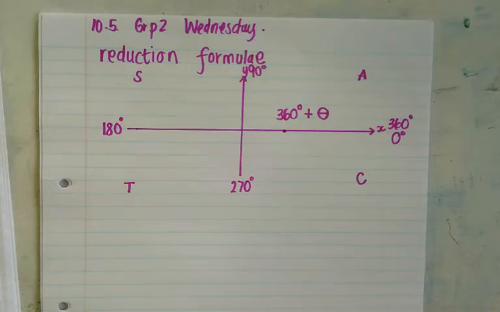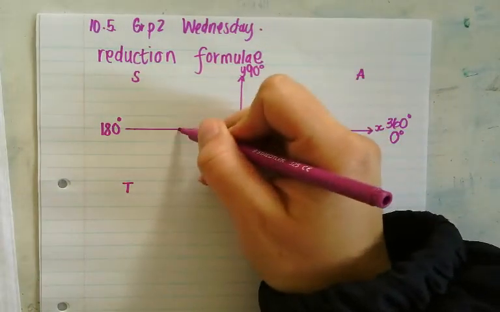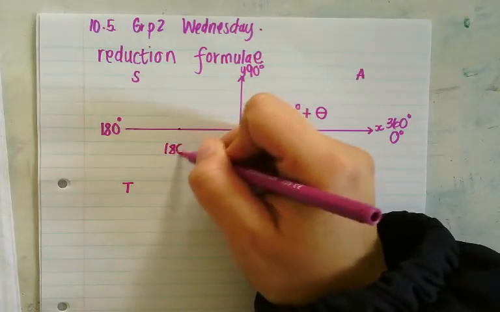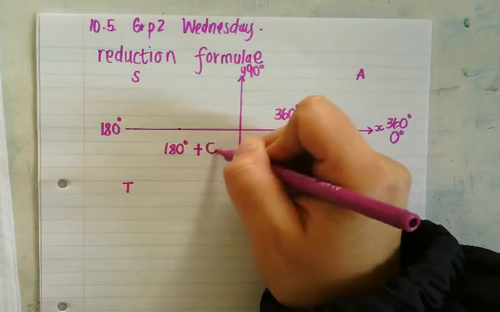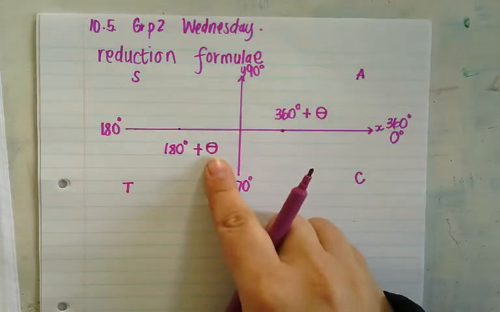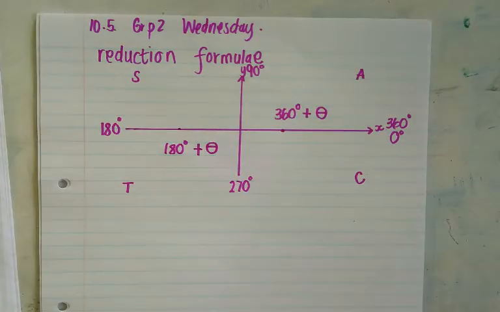If I have 180 as my reference, I can also go 180 plus theta. It would fall into that quadrant, but I just have to know what theta is because it would repeat. Okay? So if I had 180 plus a little bit, it would be the same as, so if it was 240, right?